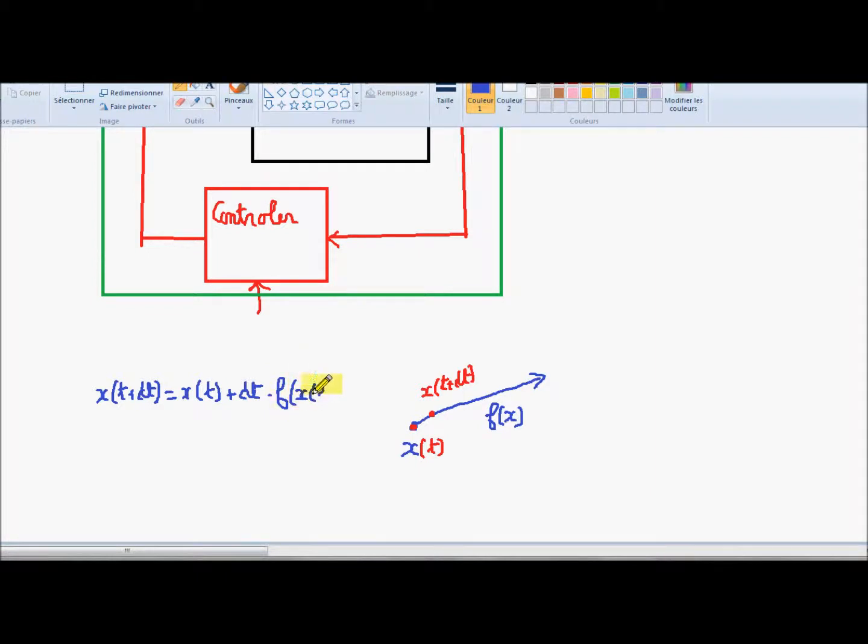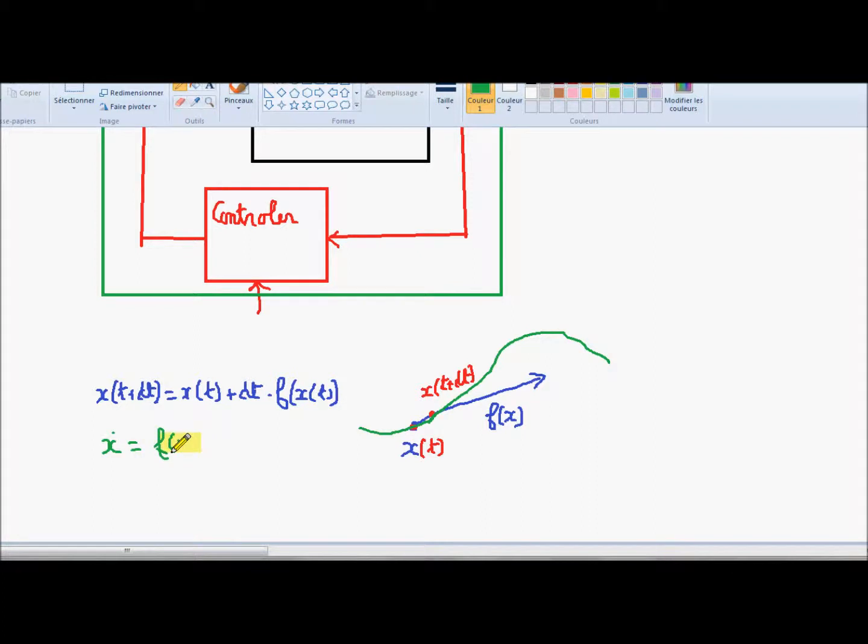So it is a Euler method, and if I apply it several times, I will obtain a trajectory for my robot. So it is the case if I have x dot equal to f of x.